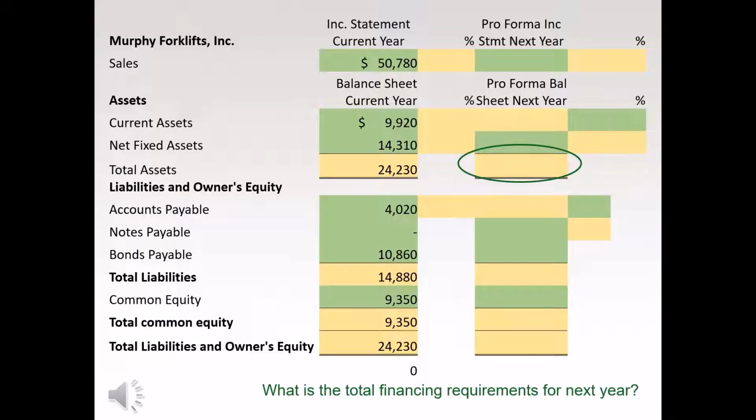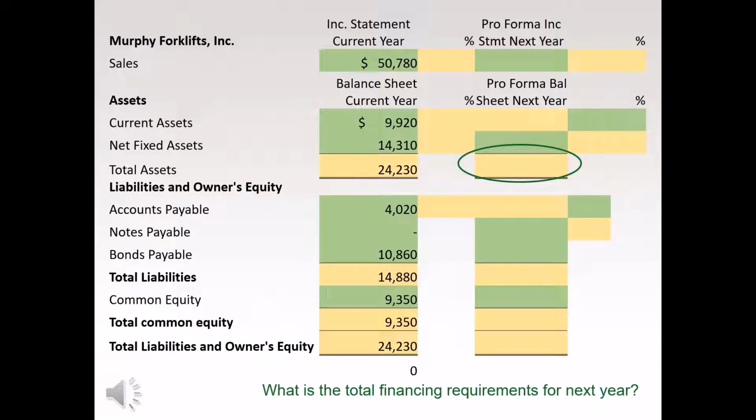That's things like stocks or owners contributing capital. So our total assets are the first number that we are trying to identify, and that will tell us our total financing requirements for the year.